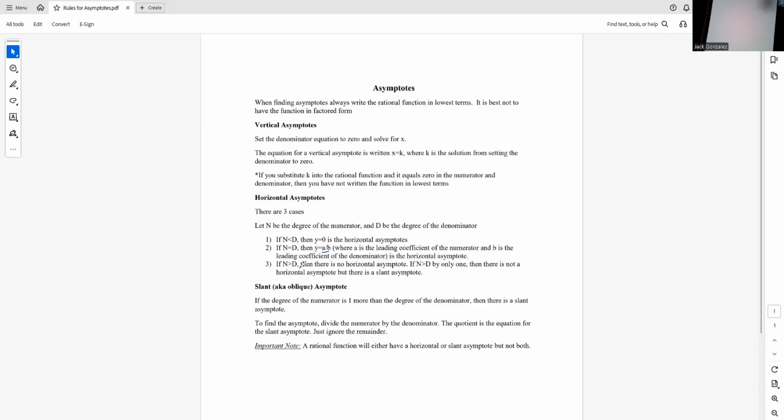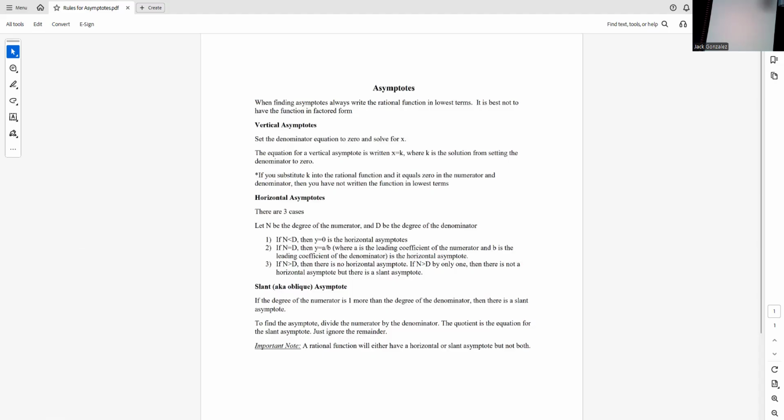Now, if the degree on top is bigger, then you have no horizontal. You might have a slant though. So let's go back to the question. Remember, we have case one on this one. Just don't forget that.